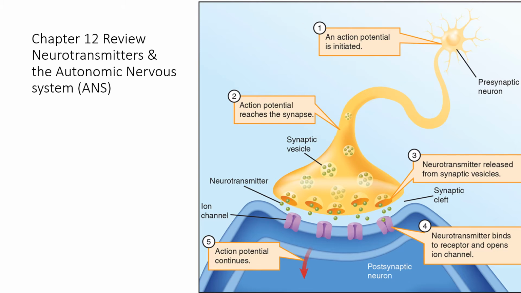Then we go along the neuron where the action potential travels, from the cell body along the neuron to the synapse. The action potential at the synapse stimulates the release of a neurotransmitter that's going to cross the synaptic cleft between the neuron and whichever organ it's attaching to.